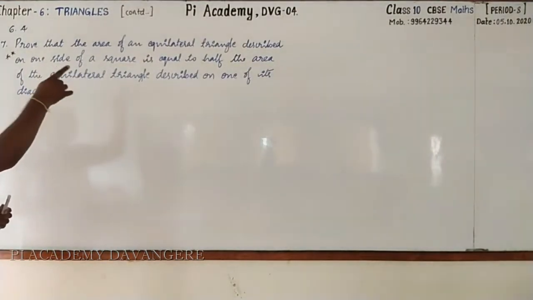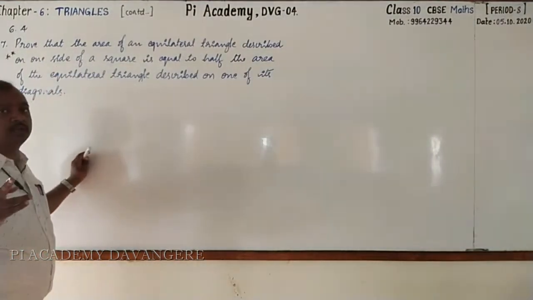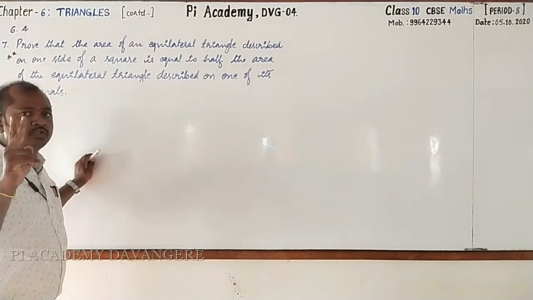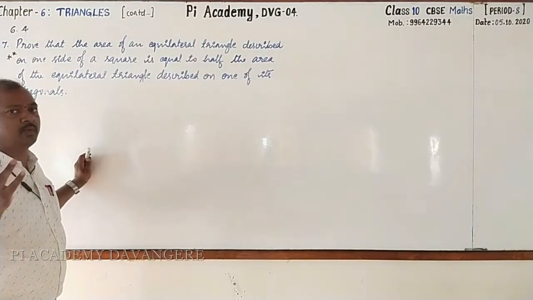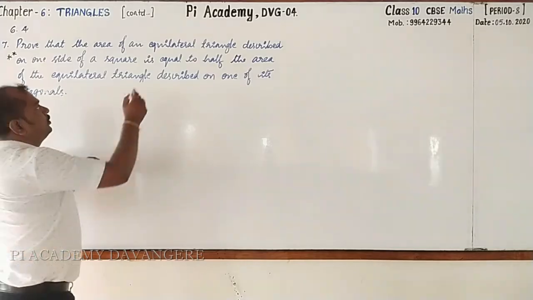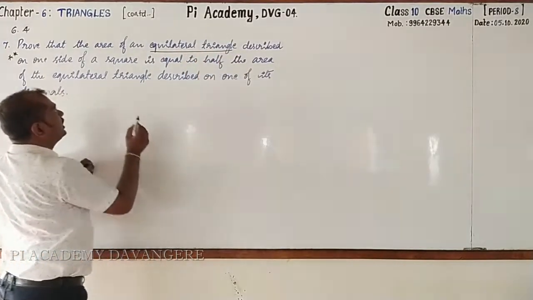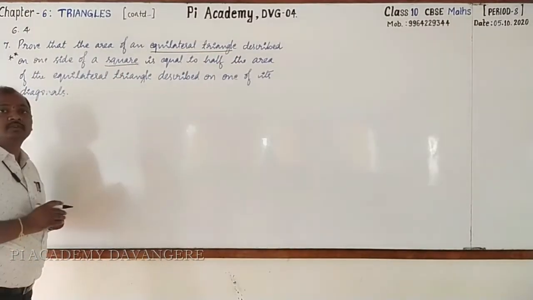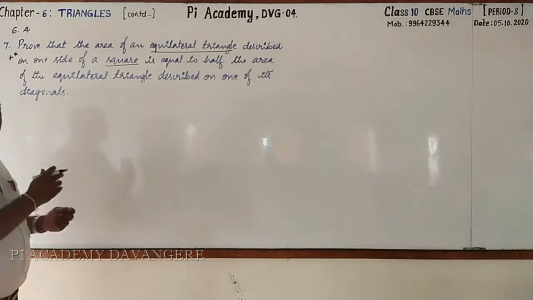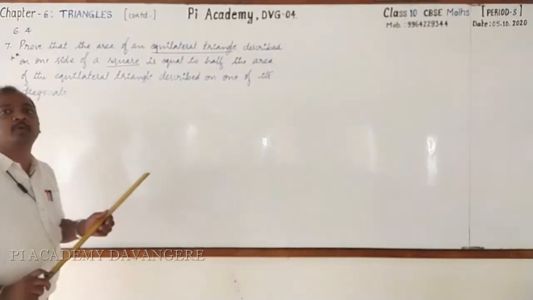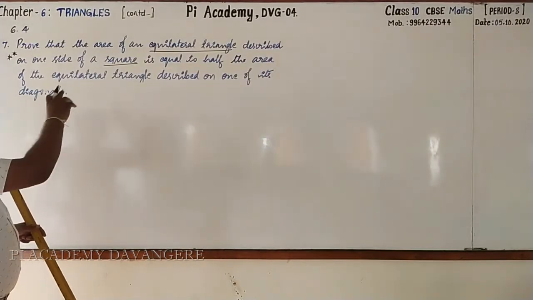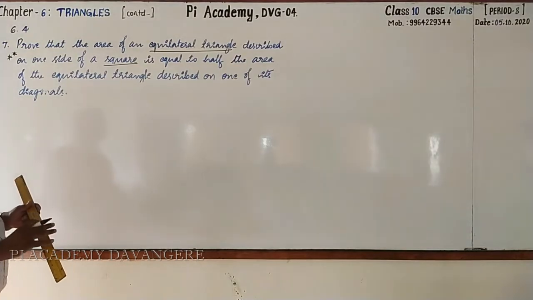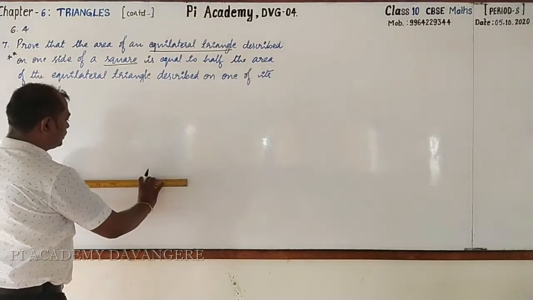Just by going through the whole statement, you can come to know that two geometrical figures are given. Can you tell what these are? Yes, one is an equilateral triangle and another one is a square. Let's draw the appropriate geometrical figure to understand the whole statement in a better way. Look here.